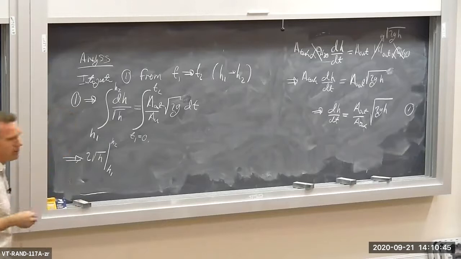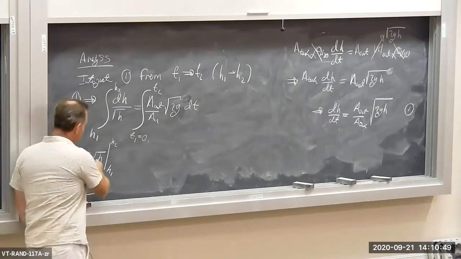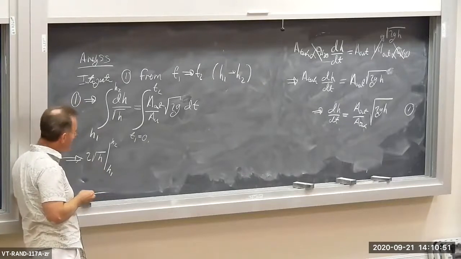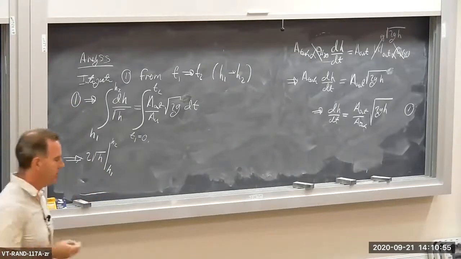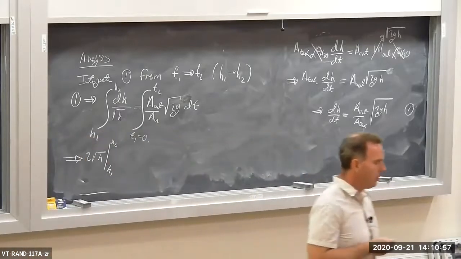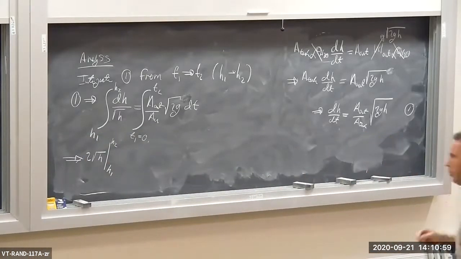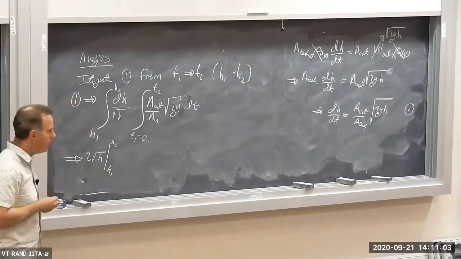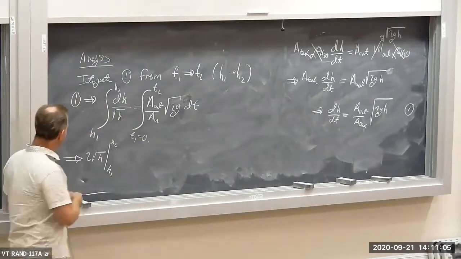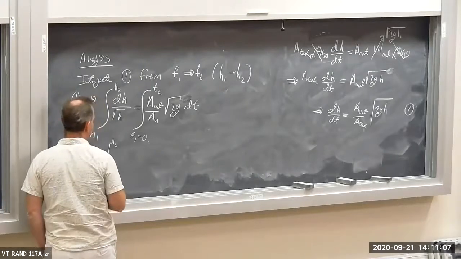We can check this: you take the derivative of 2 times the square root of h, the 1/2 pops out, the square root of h goes to the denominator, and the 2 in the numerator cancels out with the 2 in the denominator, and you get 1. So this looks pretty good. 2 times the square root of h.